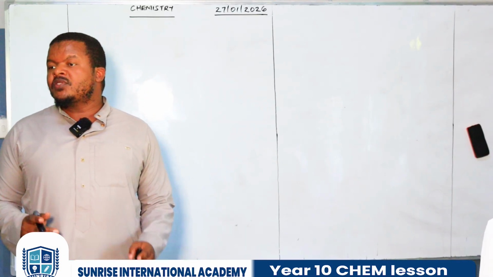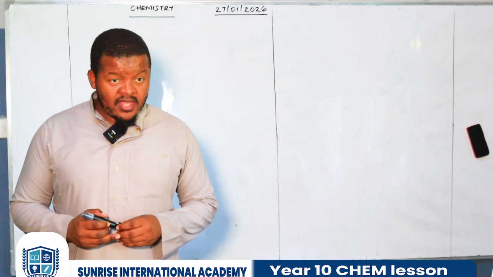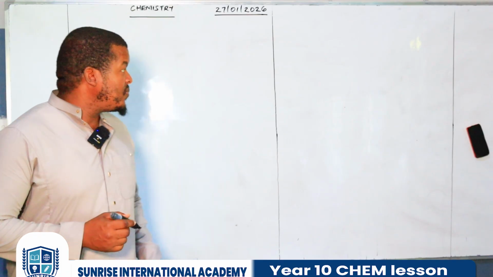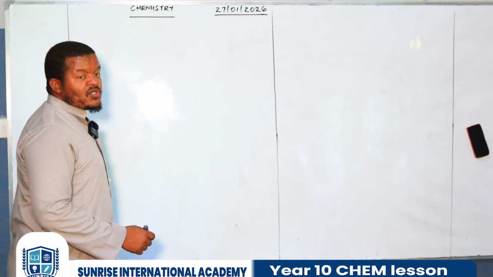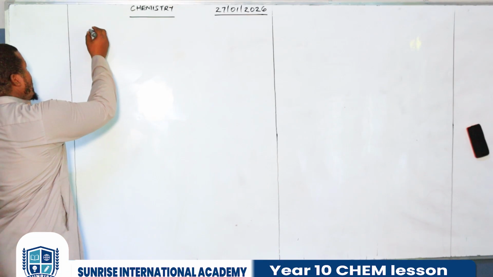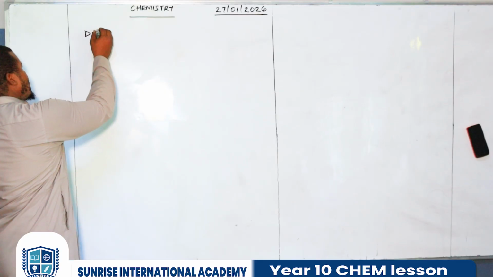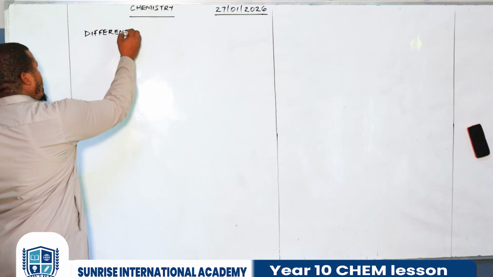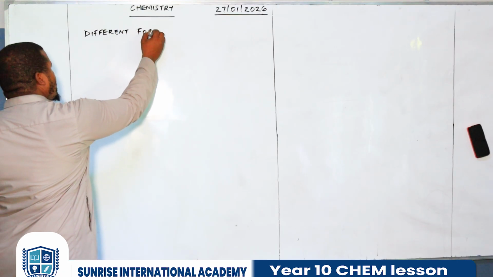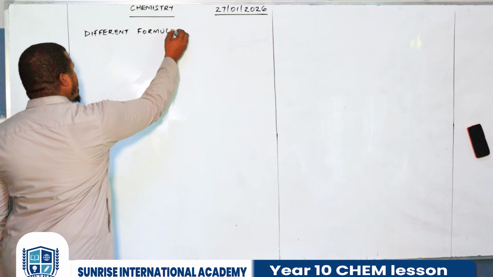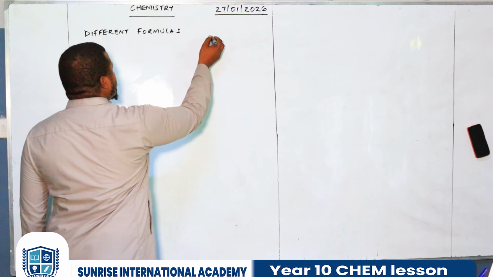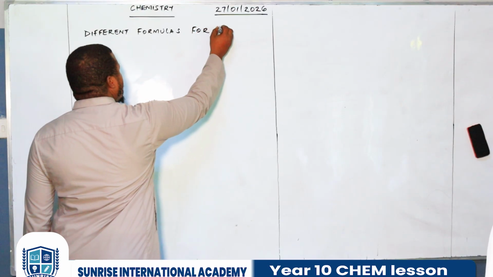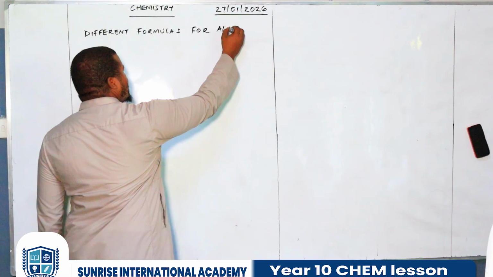So we are going to talk about different formulas that are there when it comes to organic compounds, and especially now that we are talking about alkanes. Let's talk about different formulas for alkanes.